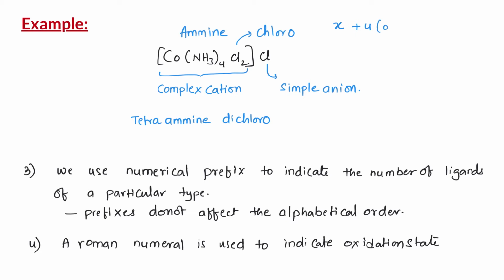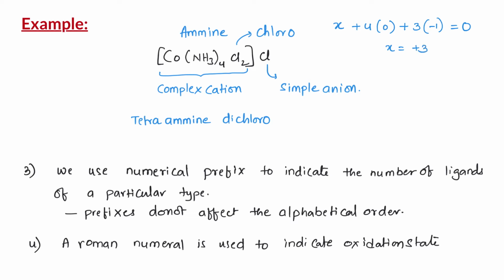Each of them has a 0 oxidation state, plus we have 3 chlorines. Each of them has a -1 oxidation state. The sum of all these oxidation numbers should add up to 0. If we solve for X, we get X equals +3.